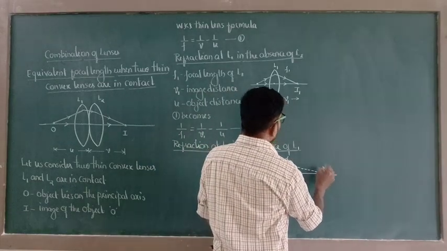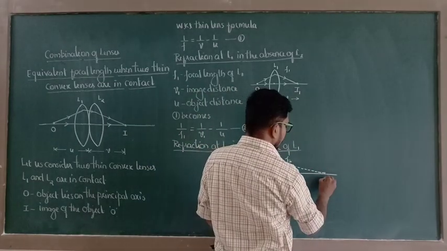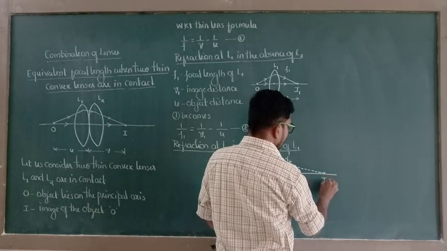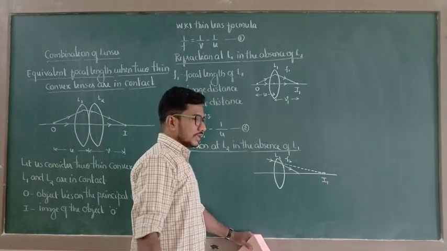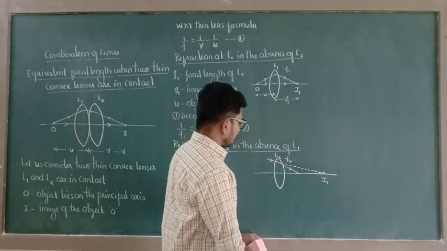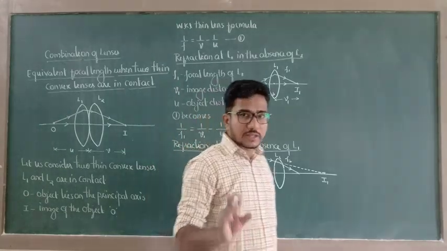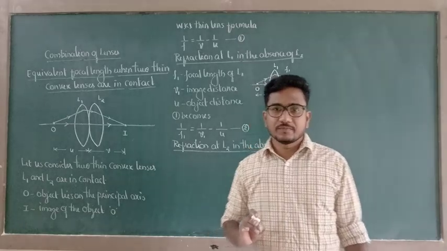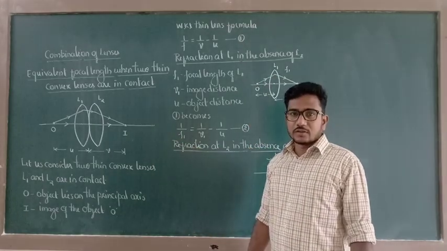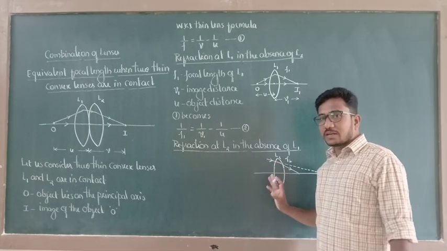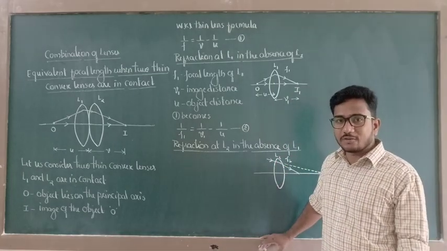So here this point is I1 because this is the position of the image in the absence of L2. There is no real object with respect to L2. So our real object is O. So we are considering the light from the real object, we are not considering the real object.